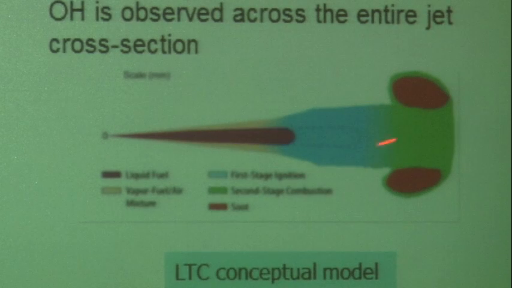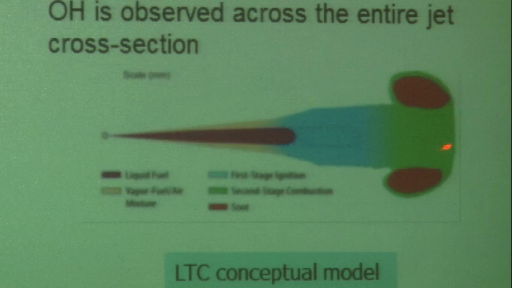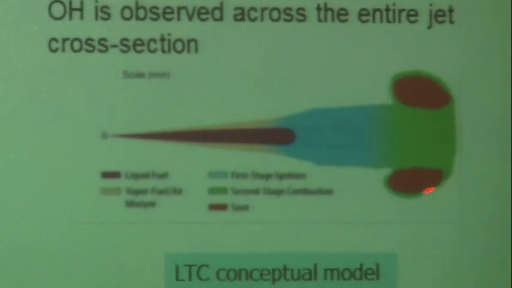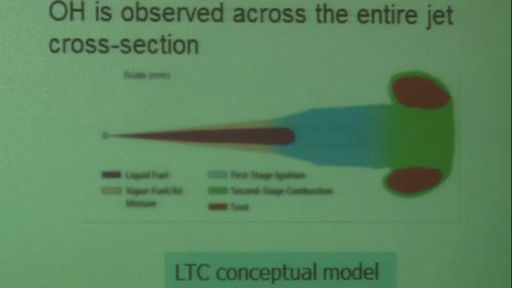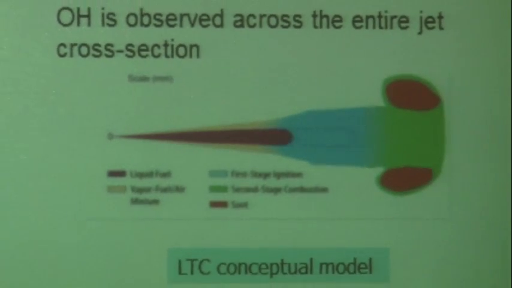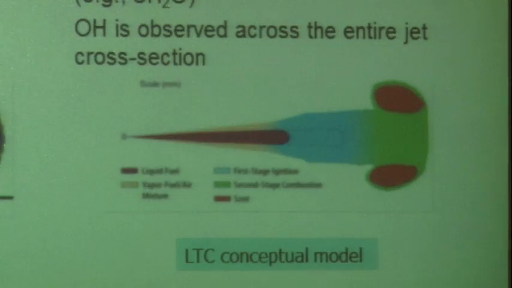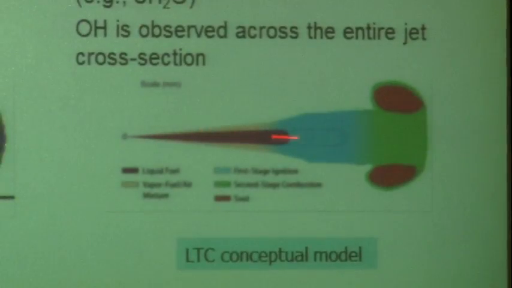You see the aldehydes and so on. This green region is a region that's filled with OH. So OH basically is observed to fill the entire jet. And then there's some soot located in the region where you have a recirculation zone or a head vortex at the head of the jet. So the structure is quite different. This region here basically expands to fill the whole jet in low temperature combustion.